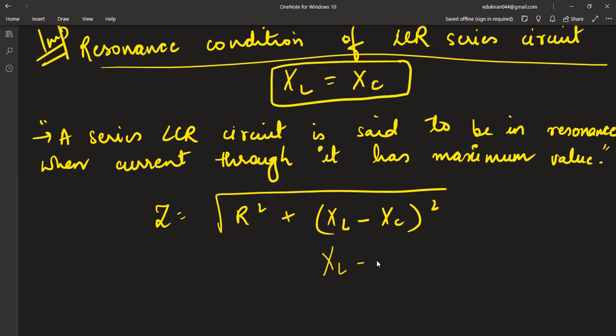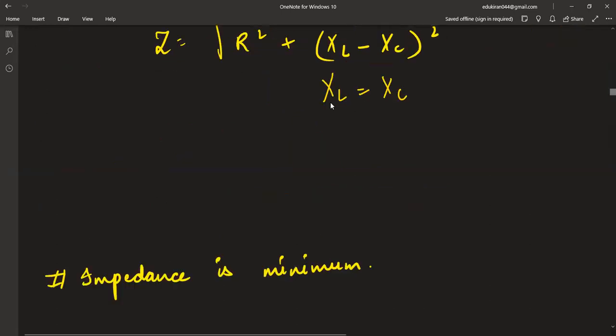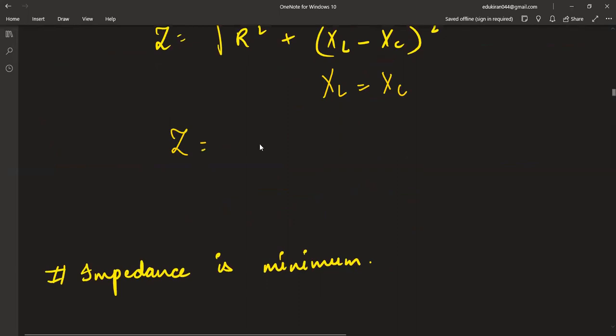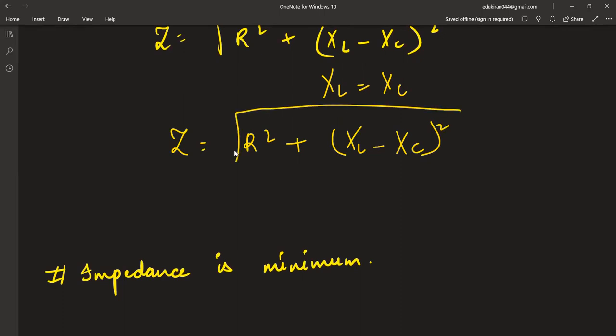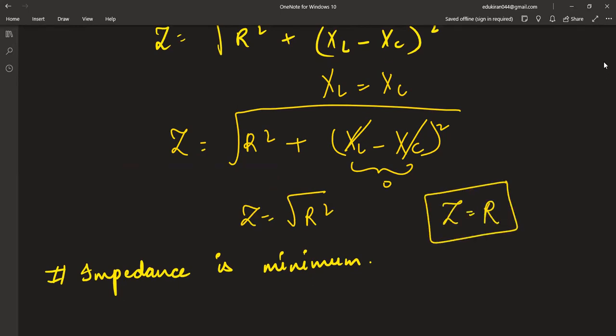If I say XL is equal to XC right now, so what will Z be? Square root of R square plus (XL minus XC) whole square. The same numbers will cancel, it will be 0. This term will be 0. So Z will be the square root of R square, that is, Z is equal to R only.